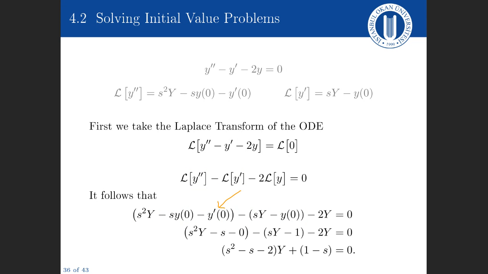Now, y prime of 0 was equal to 0, and y of 0 was equal to 1. Rearranging, we have s squared minus s minus 2, times capital Y, plus 1 minus s.